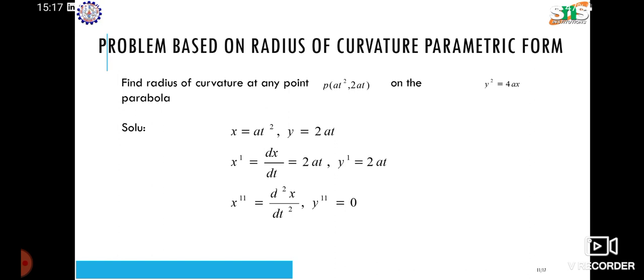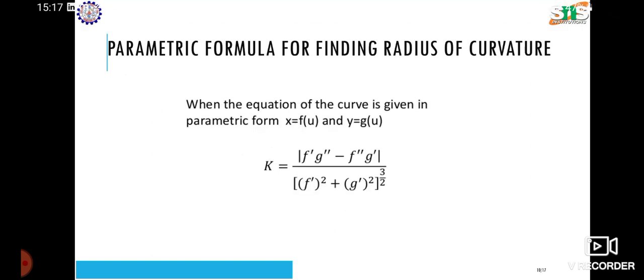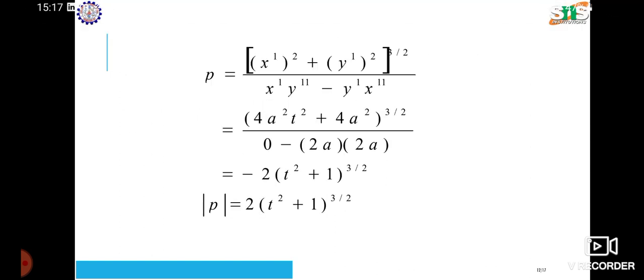What is the curve y square equal to 4ax? We all have studied in school days, that is a parabola. For the parabola we have two parametric equations, that is x equal to at square, y equal to 2at. Based on this we have to find x dash, x double dash, y dash, y double dash with respect to t. After getting all these values we have to substitute in this formula. That only we are going to do now.